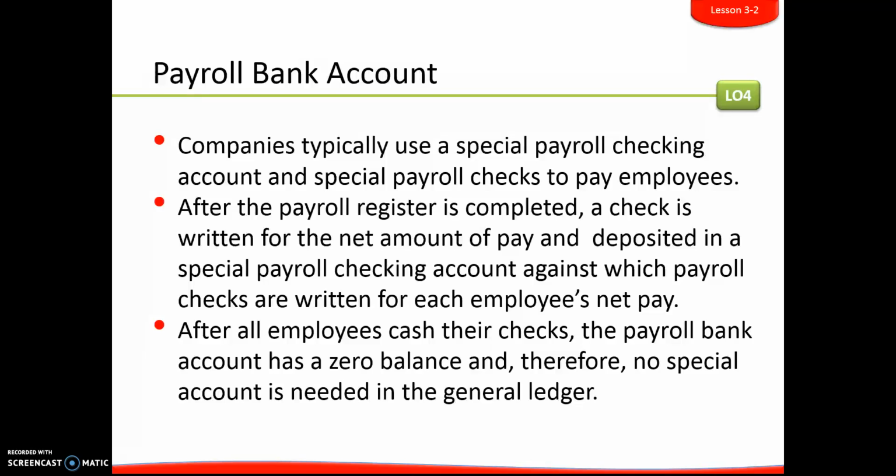The amount that gets deposited into the payroll account is exactly the amount that gets paid to all employees. So after all of the employees cash their checks, that payroll account at the bank will have a zero balance. Therefore, we don't have a special account that's needed in our general ledger. It's really only used for the purpose of sending out individual checks to our employees.